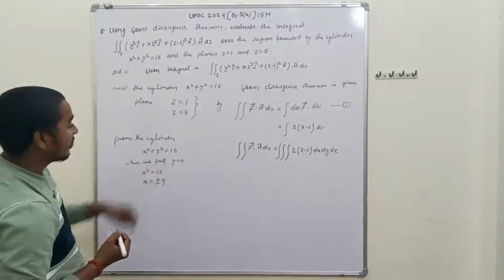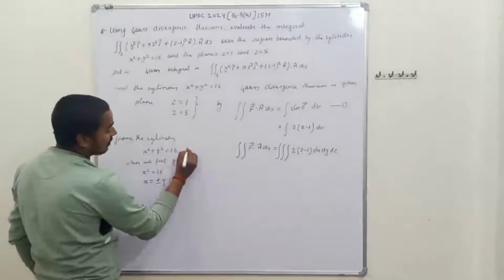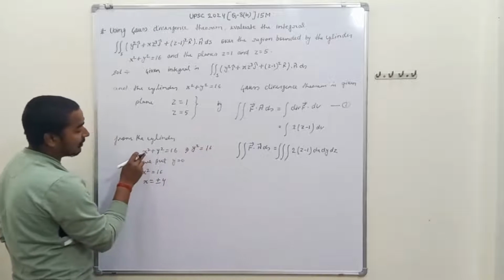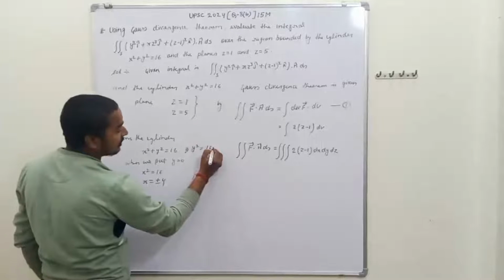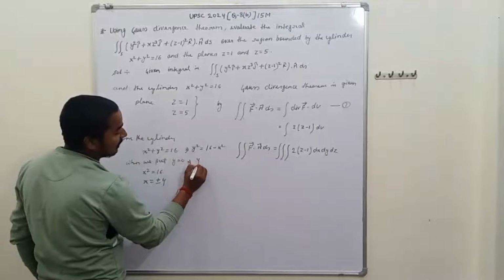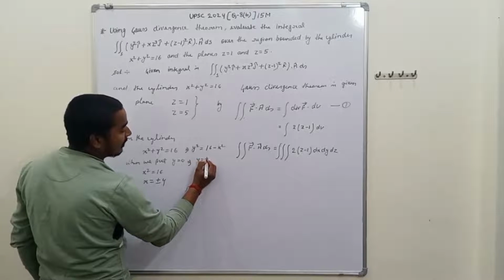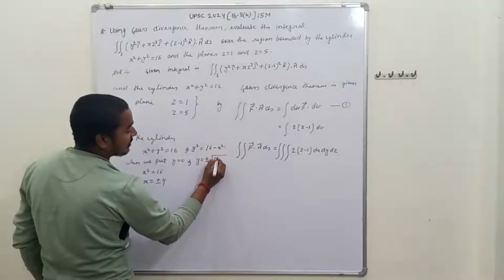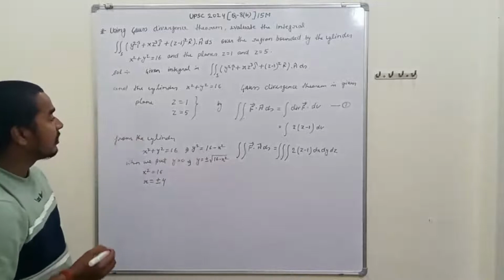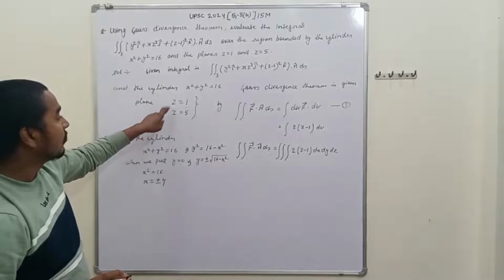Further, we find the limit of y: y square is equal to 16 minus x square, taking x square to the right hand side, so y is equal to plus minus under root 16 minus x square. And the limit of z is given by the planes, 1 to 5.